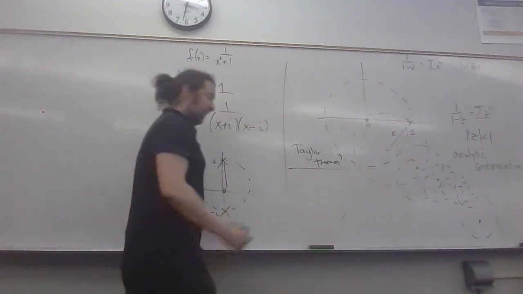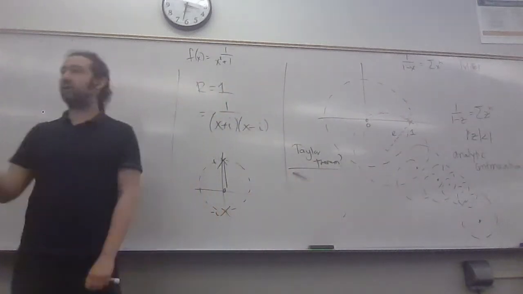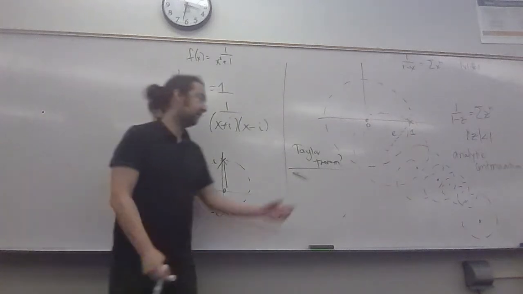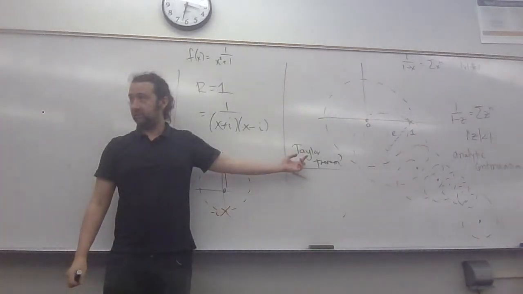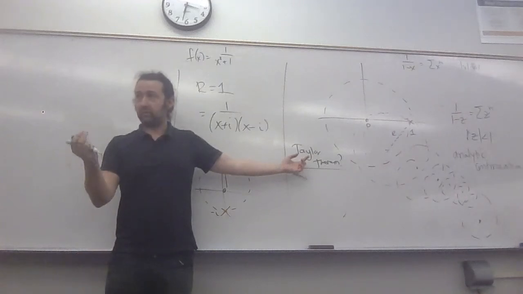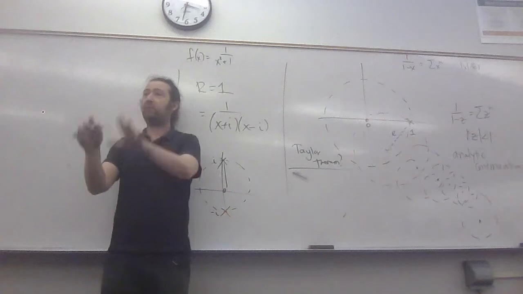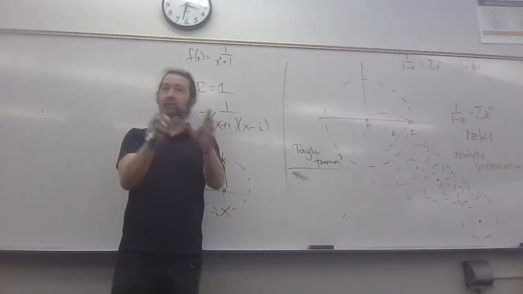If there was a Taylor theorem, that would be an assertion that differentiable implies analytic. Right? How do you get a Taylor series? You take derivatives of a function, and then you use the derivatives of the function to build the series. So the Taylor theorem would tell us that if we had a function that was differentiable, then it would have a power series.